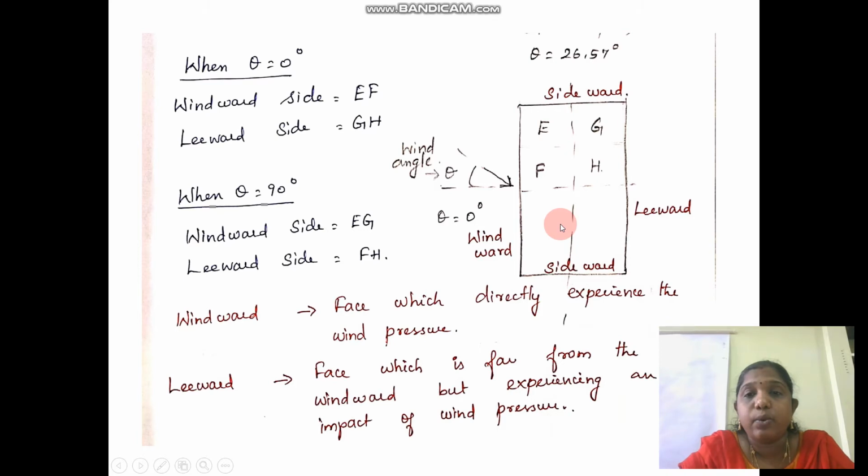We are going to design only the truss, so we are going to consider only the windward and leeward, not the sidewards. Now windward side is EF, leeward side is GH, when theta is equal to 0 degrees. When theta is equal to 90 degrees, EG is your windward side and FH is your leeward side.